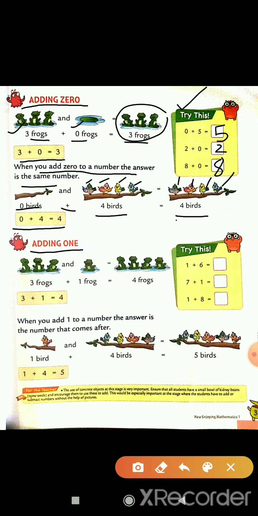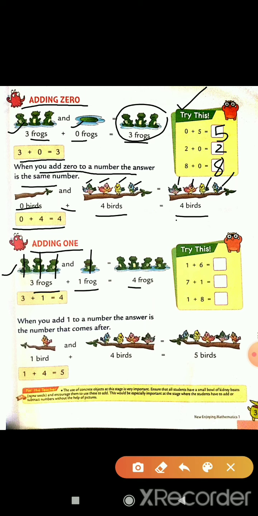Next is adding 1. Now, if you add 1 to a number, the answer is the number that comes after. See here. Example, here 3 frogs are there and here 1 frog is added. So, what will be the total of this? 1, 2, 3 and 4.